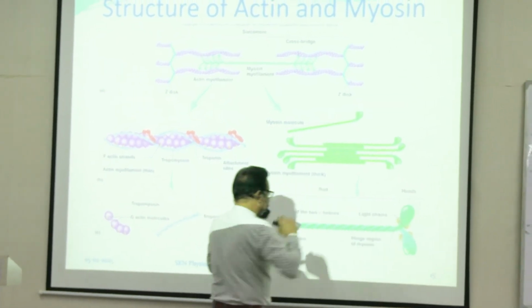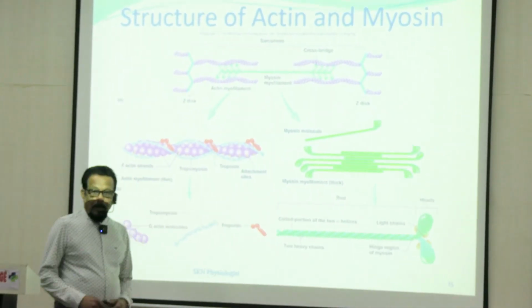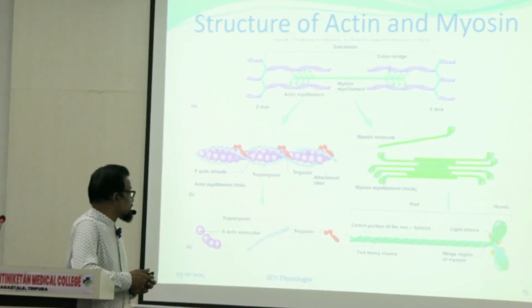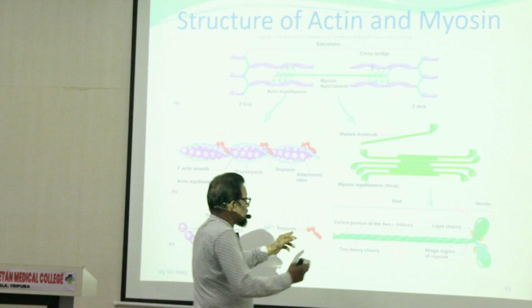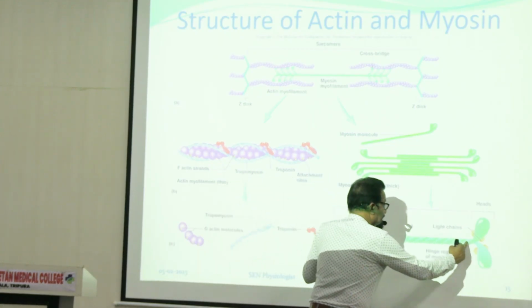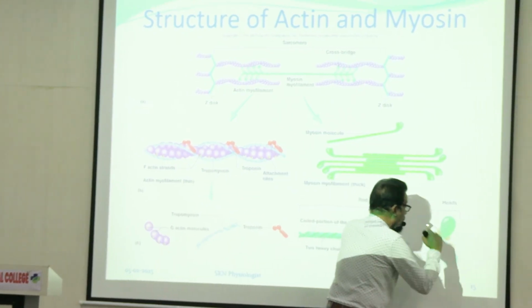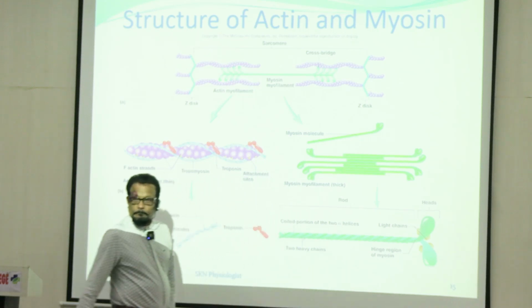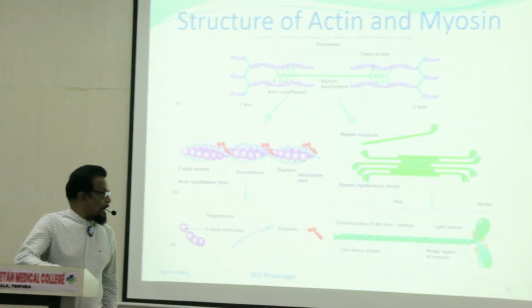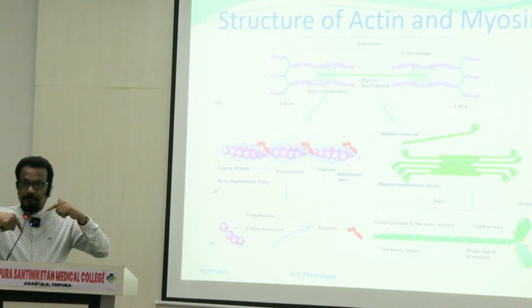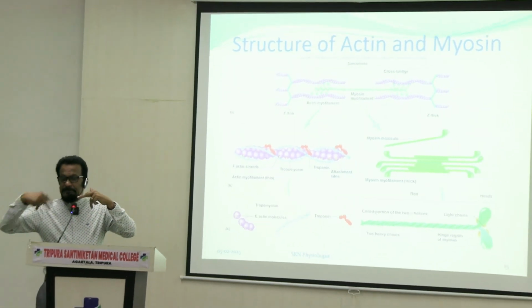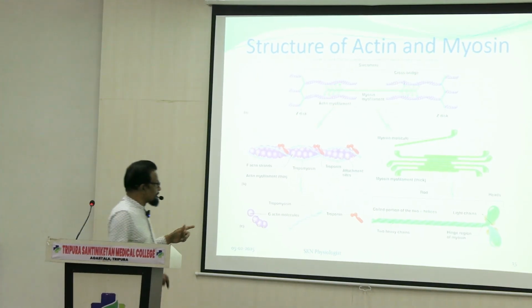What is this? There are heavy meromyosin and light meromyosin. Heavy meromyosin has two chains. Both chains are spirally arranged.